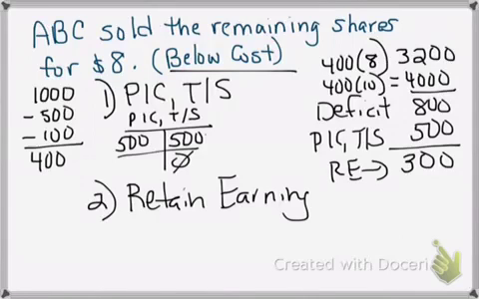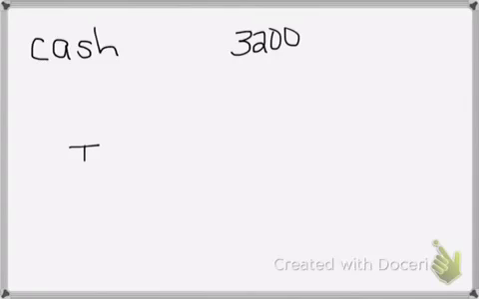So the way this looks for this particular journal entry, we are getting cash in, and the amount of cash is $3,200. That treasury stock is valued at the cost value, which was that $4,000.